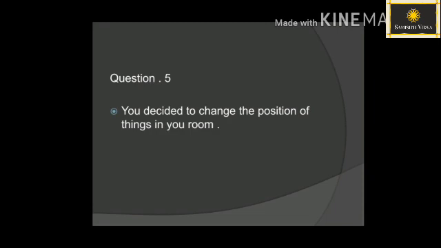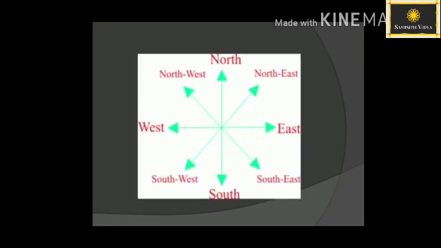Here is another question. You decided to change the position of things in your room. Study table in east, family photo frame in west, cot in south, and wardrobe to north. If you know the north, you will be able to find the other 3 directions.